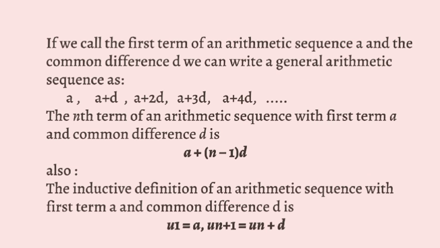If we call the first term of an arithmetic sequence a and the common difference d, we can write a general arithmetic sequence as a, a plus d, a plus 2d, a plus 3d, a plus 4d, etc. The nth term of an arithmetic sequence with first term a and common difference d is a plus n minus 1 times d. The inductive definition is U1 equals a, then Un plus 1 equals Un plus d.